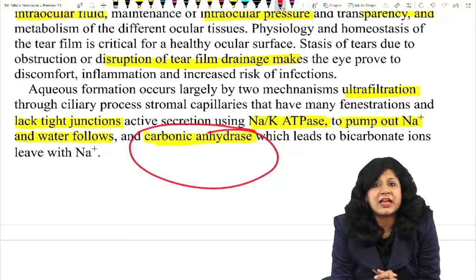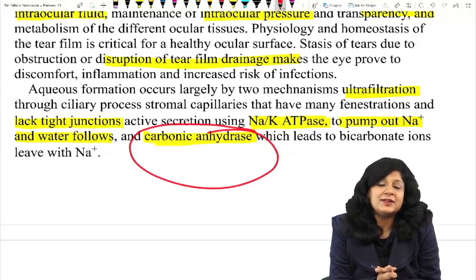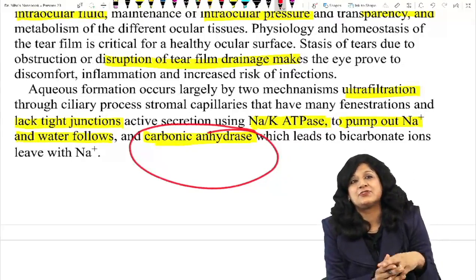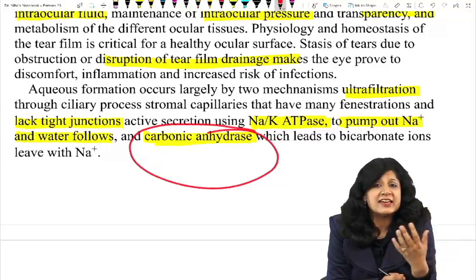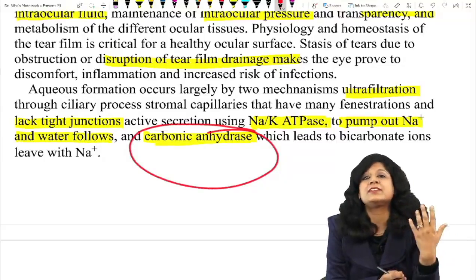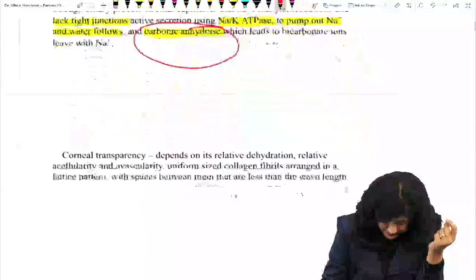So in short, they have talked about the aqueous humor and the intraocular fluid as well as intraocular pressure, how it is formed, the drainage, the channels, how it is maintaining the transparency, the metabolism of the cornea and the lens.